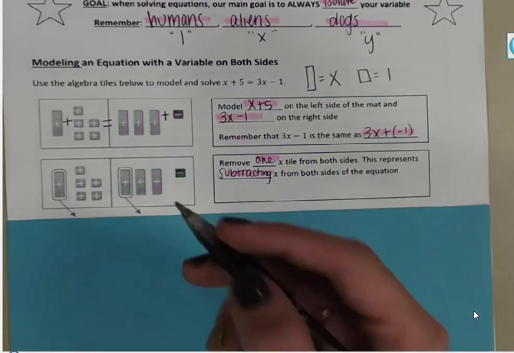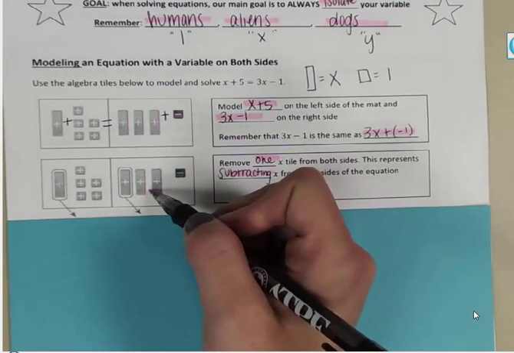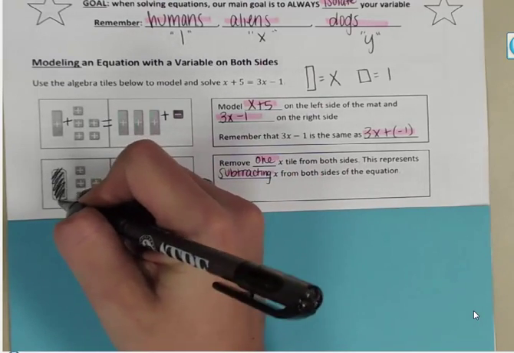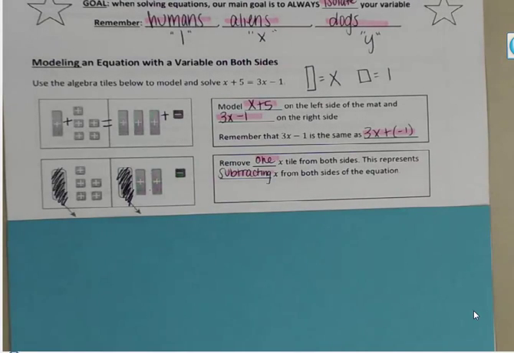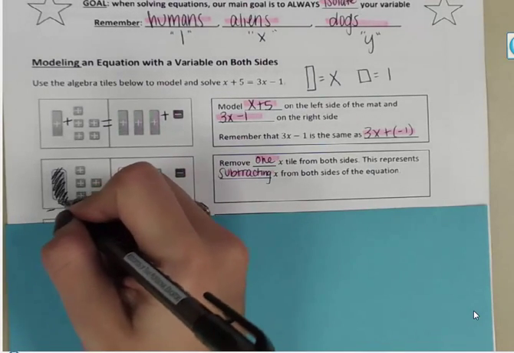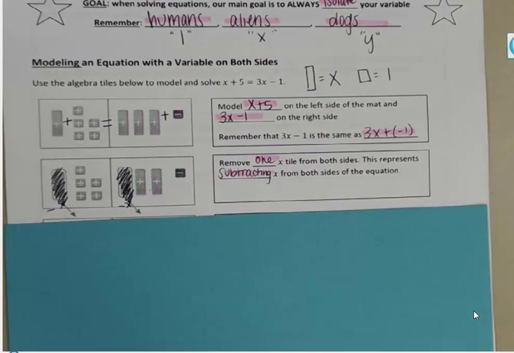So they saw that there's 1 over here and there's 3 over here, so it's easier just to take one alien away over here. And so if you take one alien away on one side, you have to take one alien away on the other. This represents subtracting x from both sides of the equation. So all we did was we took minus x and we minus x over here. Because what you do to one side, you have to do the other.